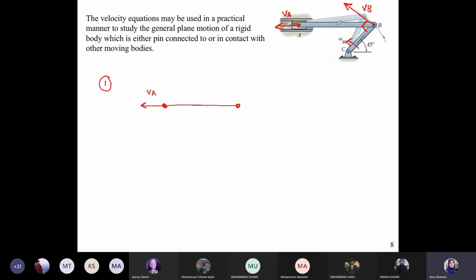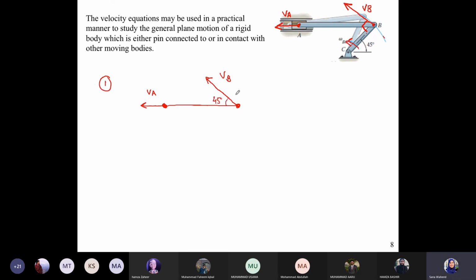So this is going to be my VB. I'm trying to draw it as much to scale as I can. I think you all know that in graphical approaches we can't do this randomly. Even though I'm drawing by hand, we do need some scale and a protractor to figure out the angles and so on. So this is my 45 degrees, roughly.